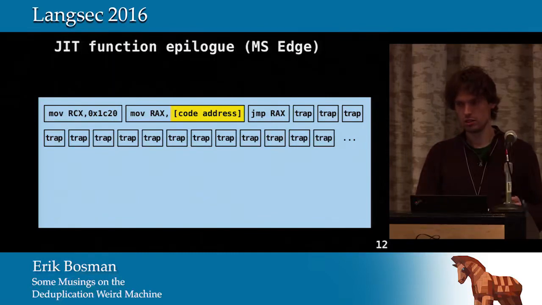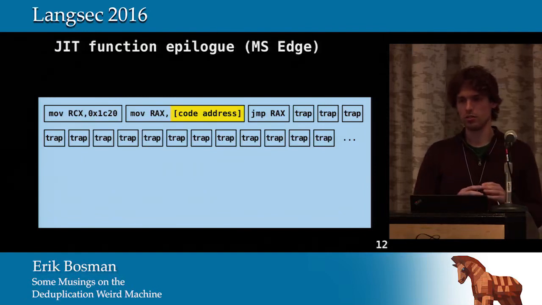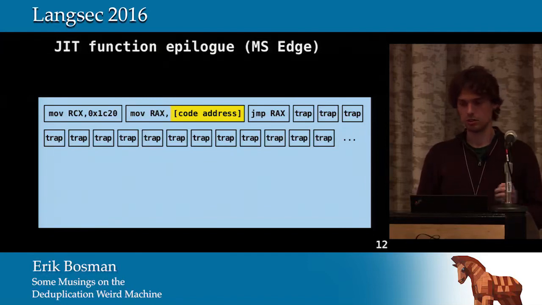In Microsoft Edge, the JIT compiler creates machine code, but the last part of the function is always the same, except for the code address, and the code address carries some ASLR information, so we want to leak that.